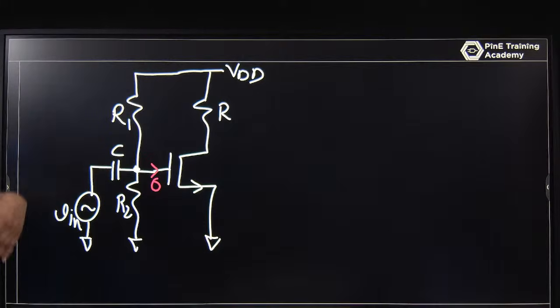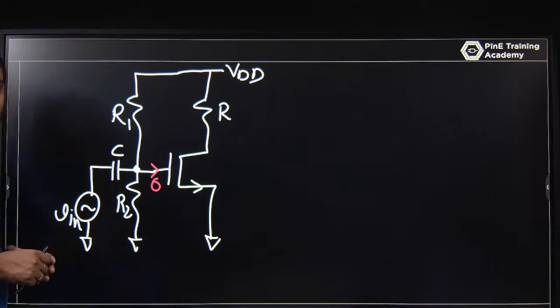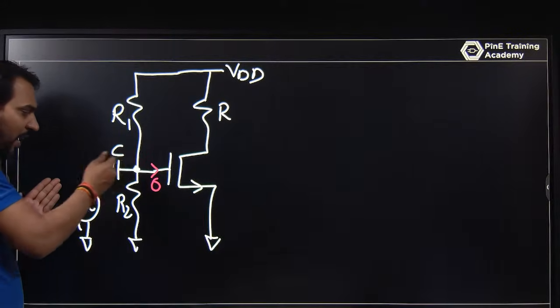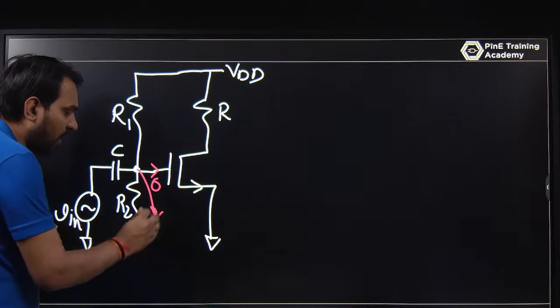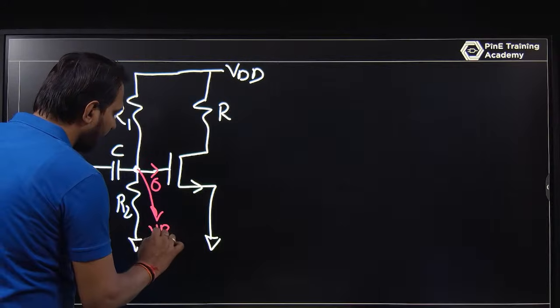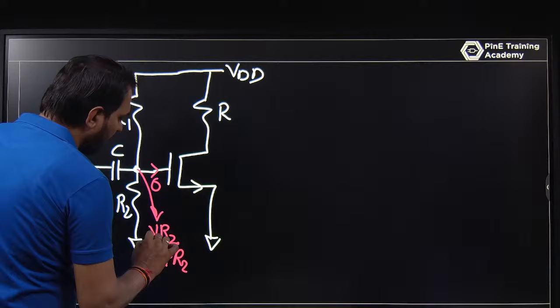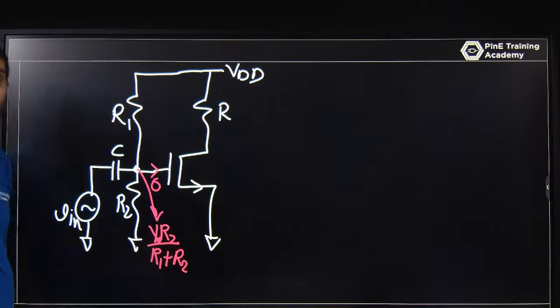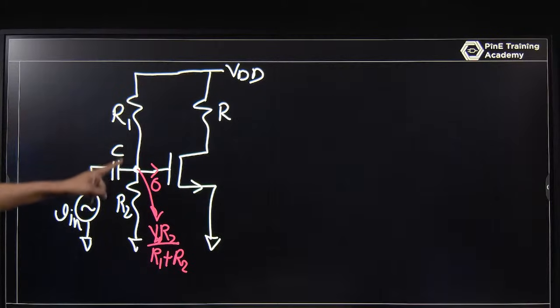So you have a VDD, you have a capacitor. In terms of DC voltage, this capacitor acts like an open circuit. If it is open circuit, the current is not flowing through this path. So the voltage will be VDD into R2 upon R1 plus R2, because this voltage is parallel with R1 and R2.